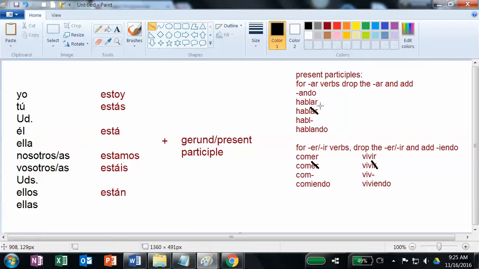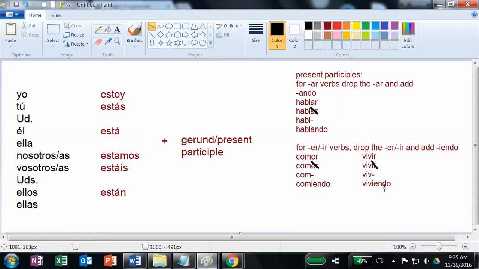And so you would have the verb hablar, you take off the AR, you're left with habl, and you add ando. For ER and IR verbs, you're going to drop the ER and IR and add iendo. Comer, you drop the ER, you get com, you get comiendo. Vivir, you drop the IR, you get viv, and then you get viviendo.